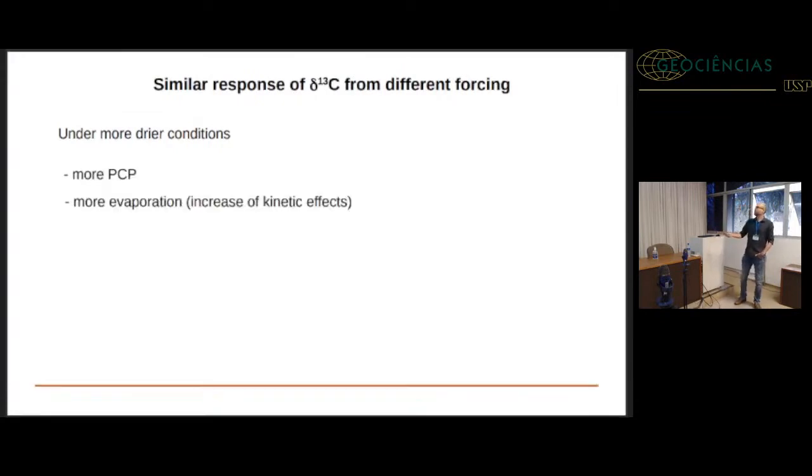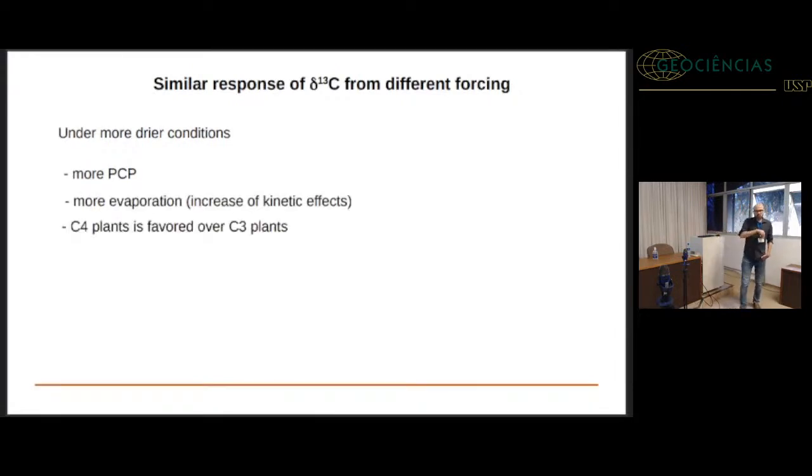Also, you increase the evaporation, which will increase the kinetic effects. If you have a long time, say 1,000 years, with more dry periods than in the previous time, you are basically favoring C4 plants over C3 plants. Grasses do better in drier conditions than C3 plants, and C4 plants have higher δ13C values.